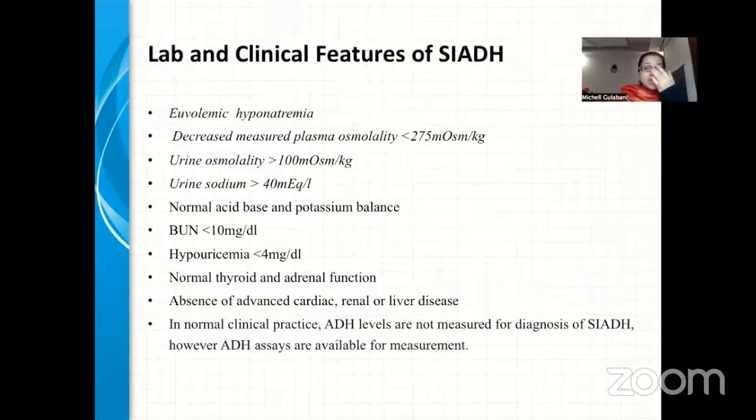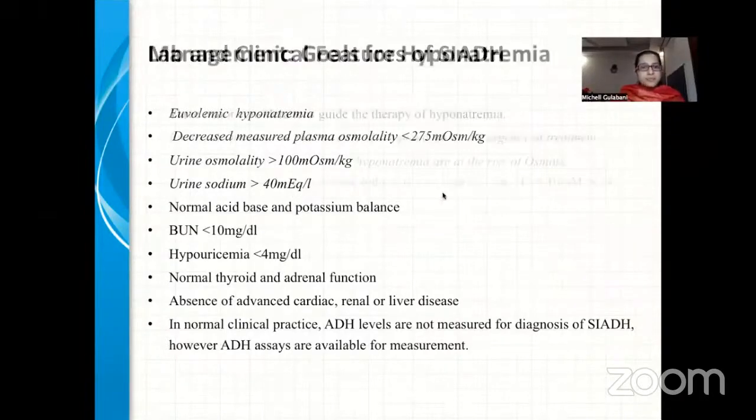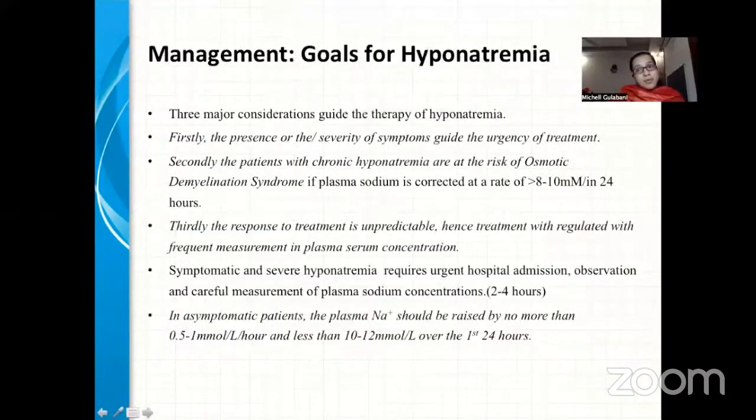And the lab values which are of importance to diagnose SIADH are the first three. It is euvolemic hyponatremia. There's a decrease in the plasma osmolality. However, the urine osmolality is increased, more than 100 milliosmoles per kg, and the urine spot sodium is more than 40 milliequivalents per liter.